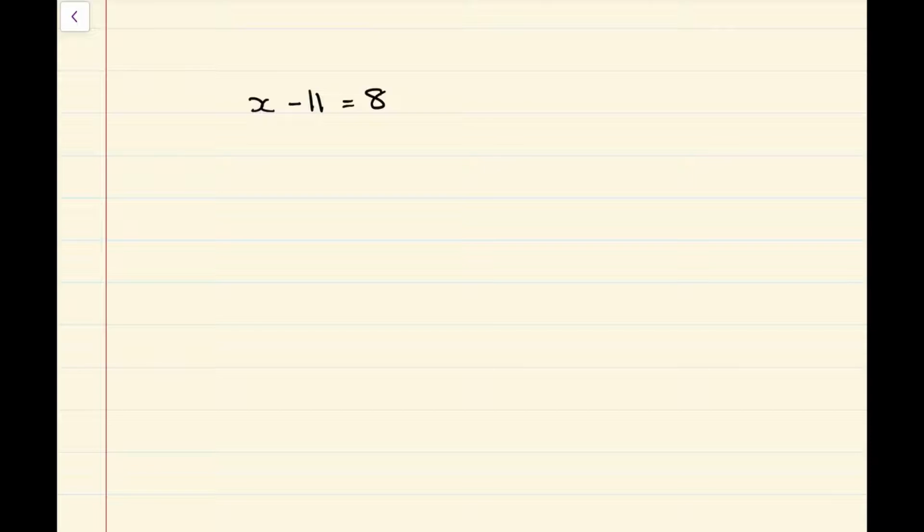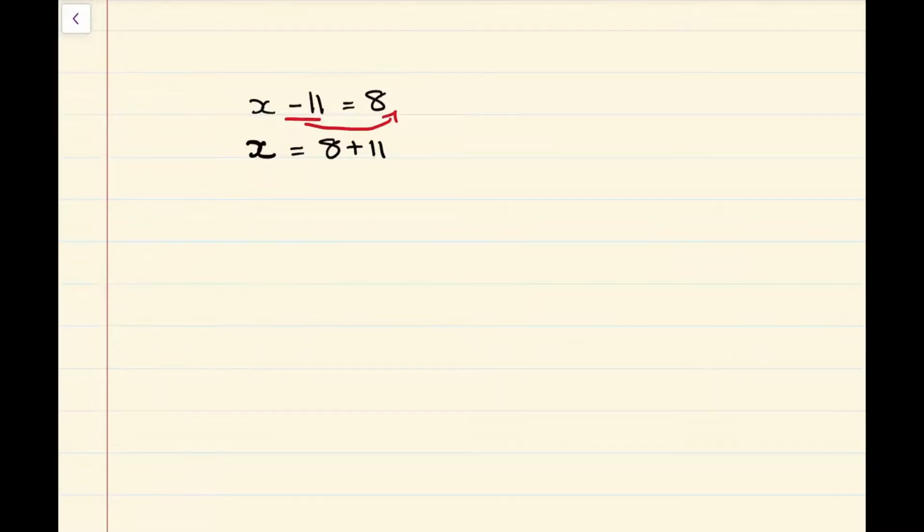So let's do that. We have our x, and once we take the 11 over, we have to add. So right back the equal sign and 8, and then we write plus 11, which is the opposite of subtraction.